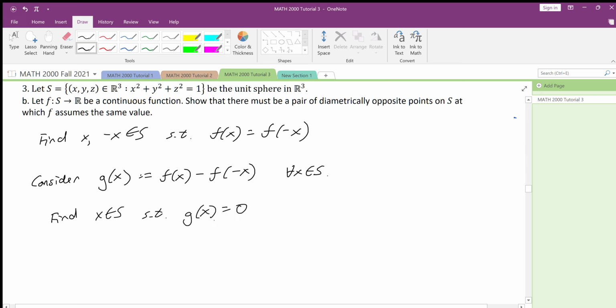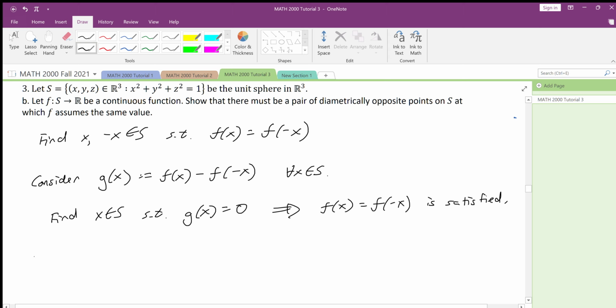Because if g of x is equal to 0, then this is satisfied trivially. So the goal of our question will instead be to find some instance such that g of x is 0.